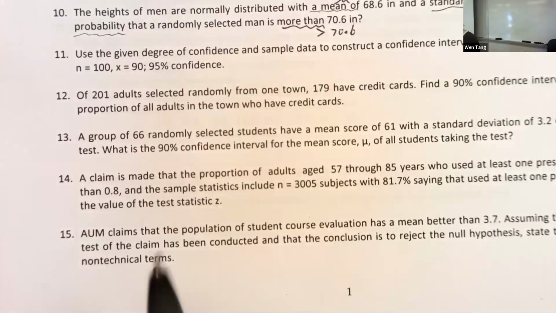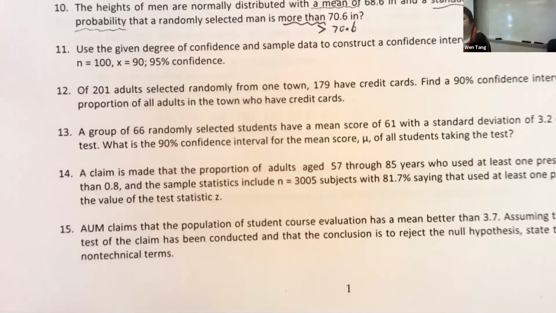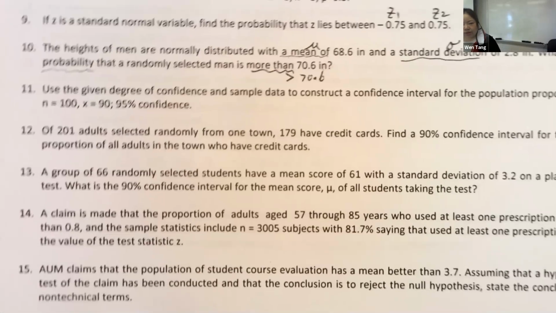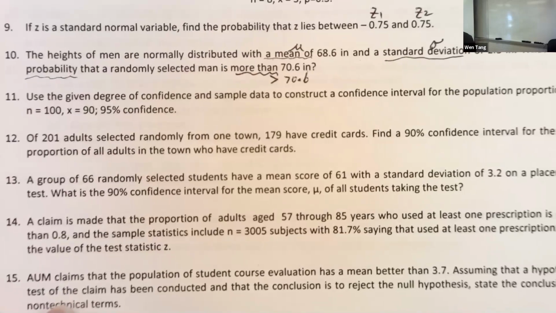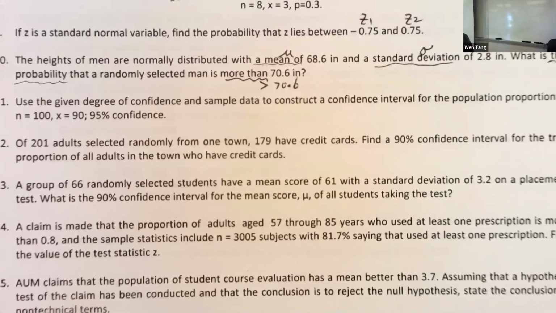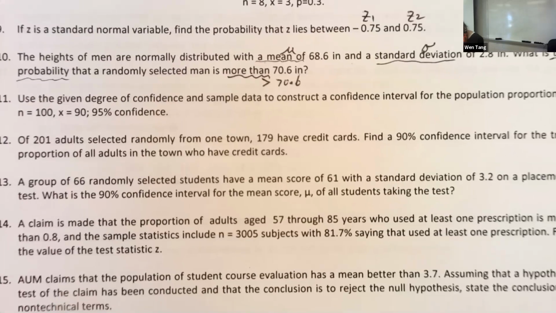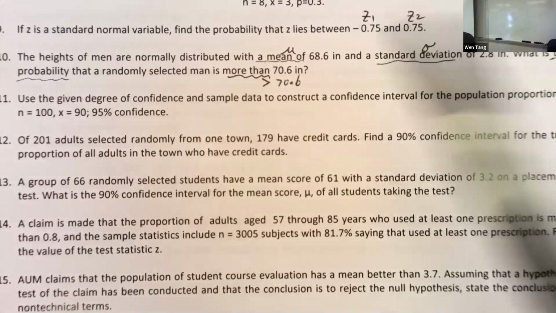Okay, now we check the next one, number 11. Number 11 is about the confidence interval. It's just the confidence interval. So we have the n value.